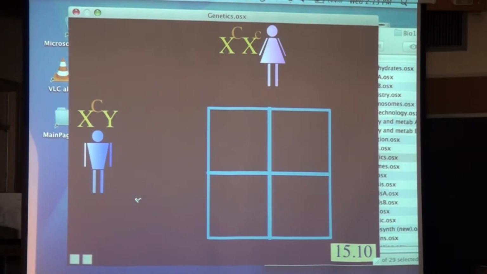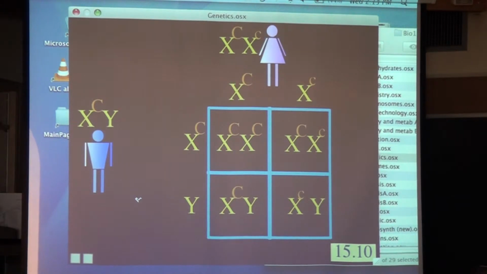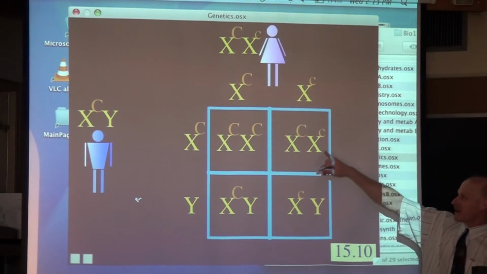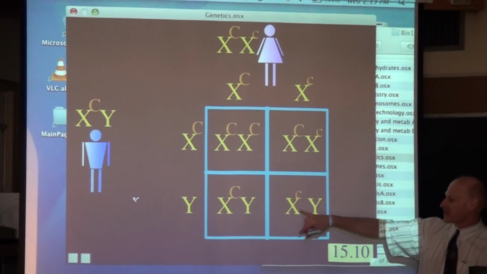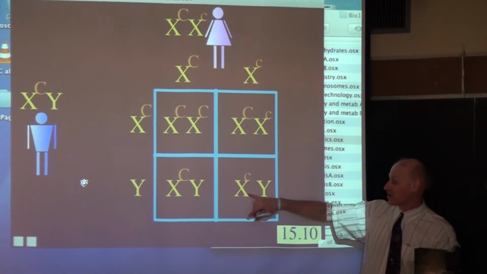All right, so they're going to have some kids here. And there are her gametes. And here are his gametes. And when you do the cross, this is what you see. Notice that all of the daughters will have color vision, but half the sons are going to be colorblind.